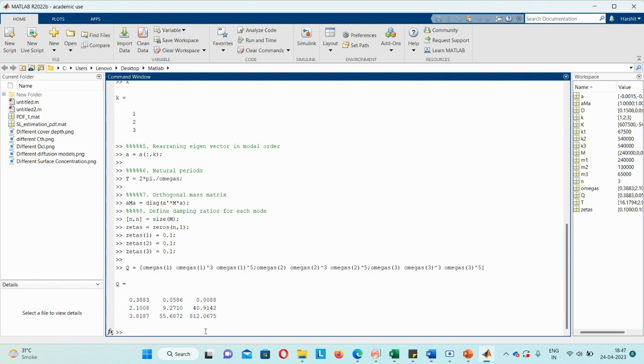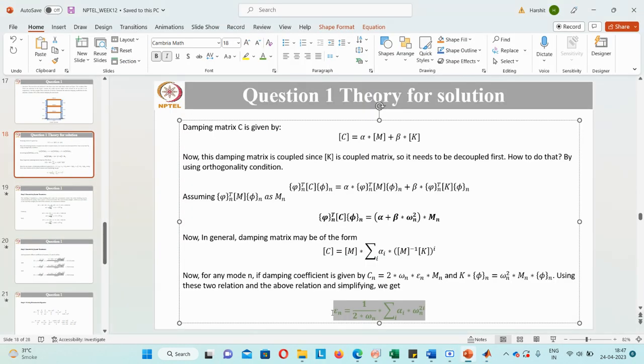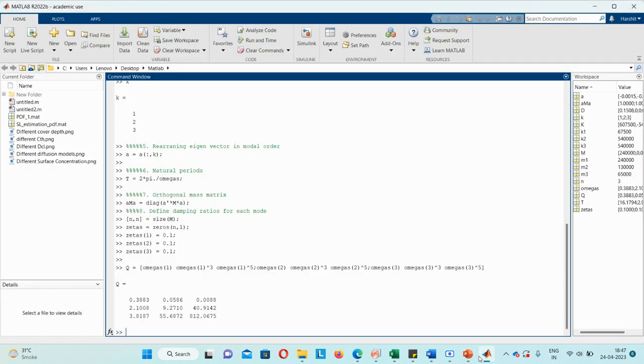Now, how will we obtain alpha, beta, gamma? Alpha, beta, gamma will be nothing but epsilon_n into 2 into the inverse of Q. So when this matrix comes here, it becomes Q inverse. So Q inverse into epsilon_n into 2.